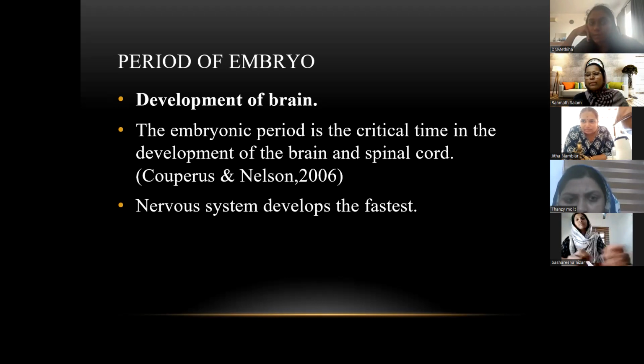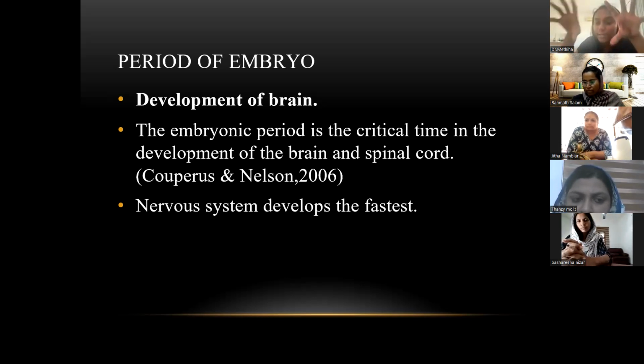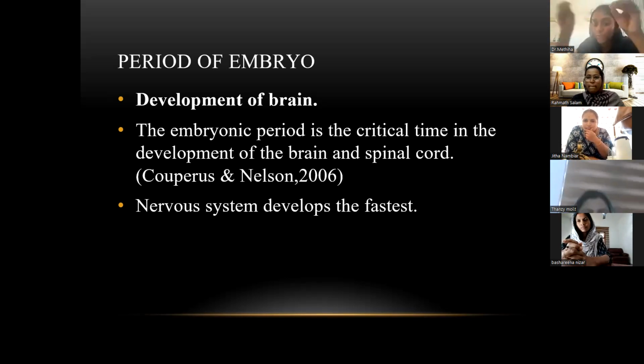And first is the development of the brain. As we said, the ectoderm develops into the brain. The embryonic period is the critical time in the development of the brain, because at that time the brain and spinal cord are developing. The nervous system, meaning brain and spinal cord, develops the fastest.